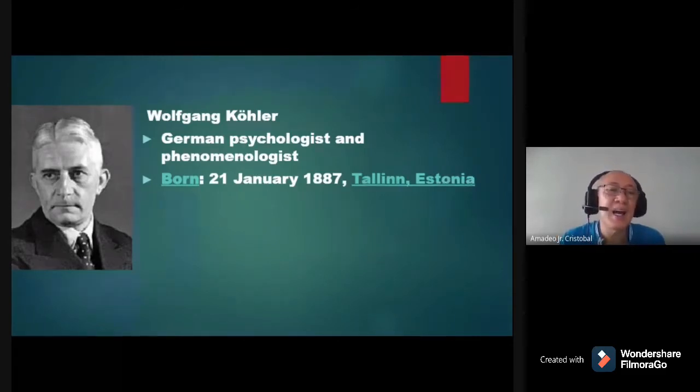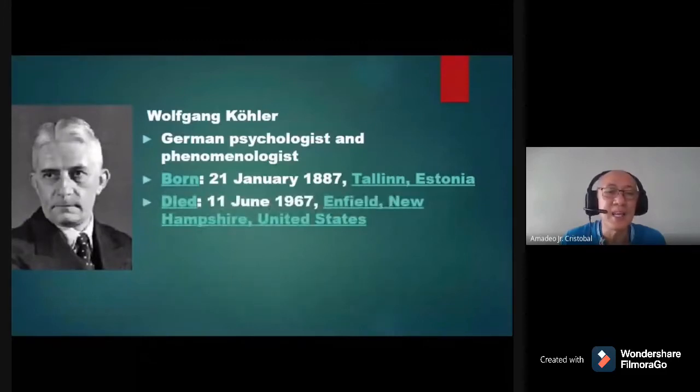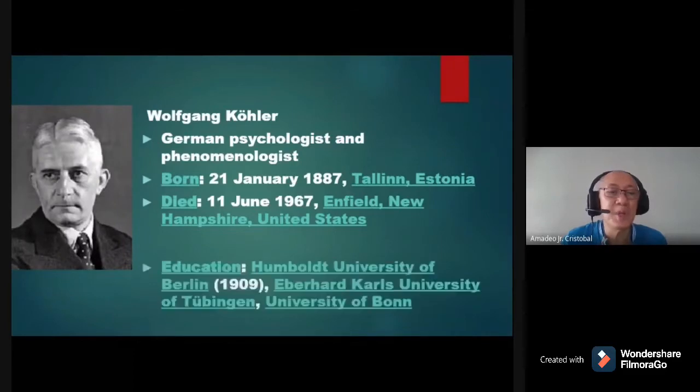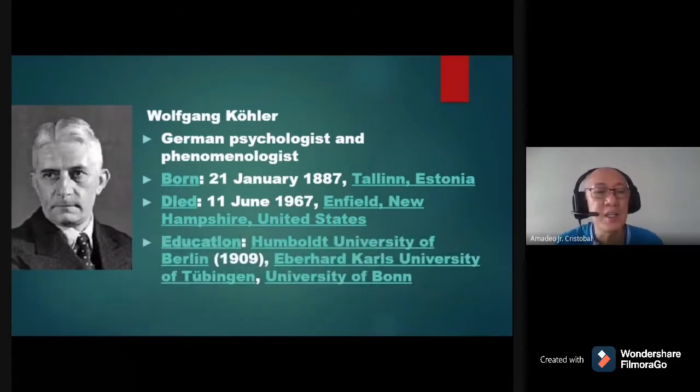He was born on January 21, 1887 in Estonia, and died in 1967 in New Hampshire, United States. His education he garnered at Humboldt University in Berlin, and of course at the University of Bonn. So there were three universities. So these three are the proponents of Gestalt theory.